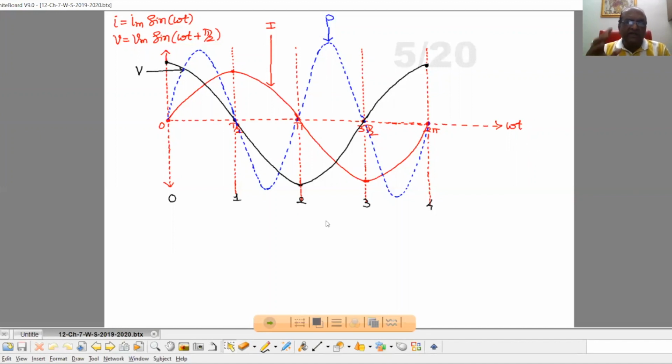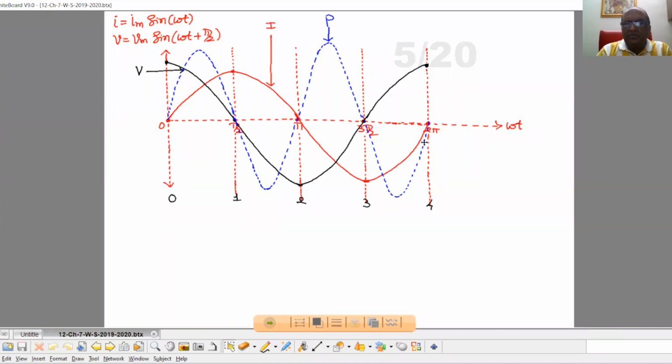Now see here what happens. When we take value of omega t as pi by 2, then omega is 2 pi by T, so small t, that you will get capital T by 4.